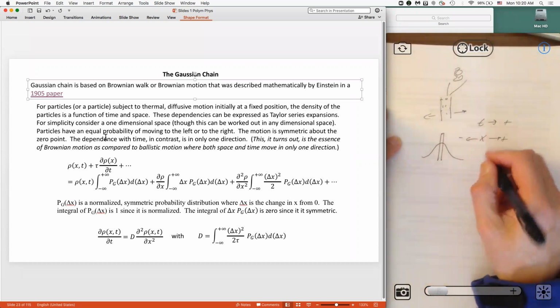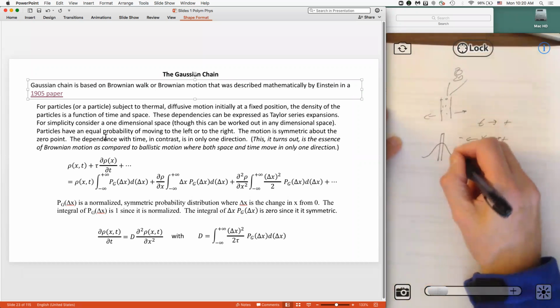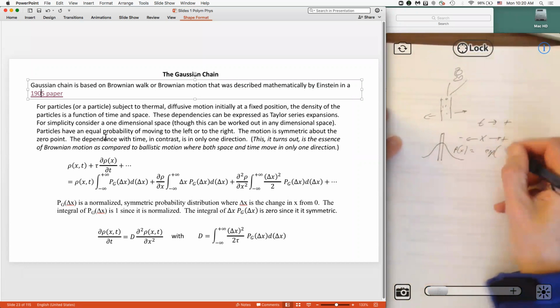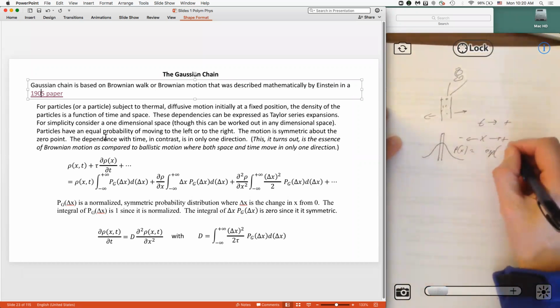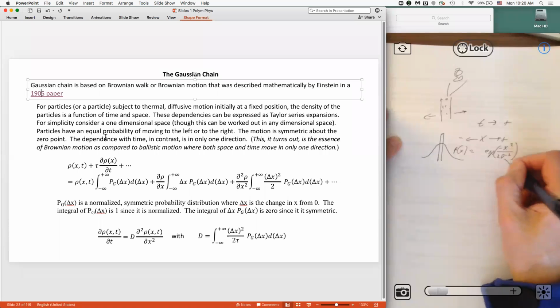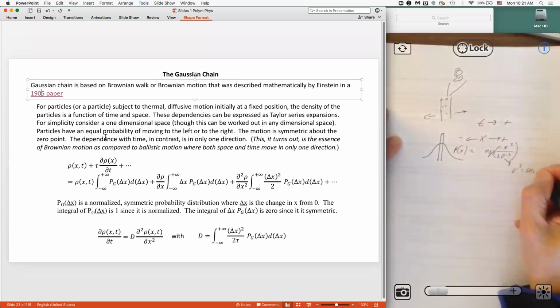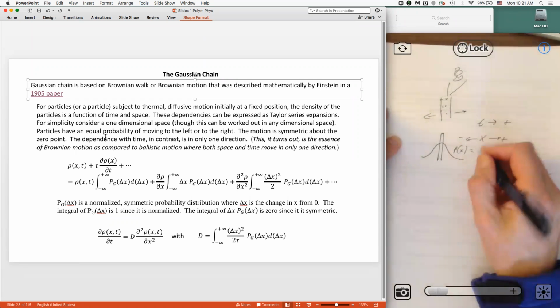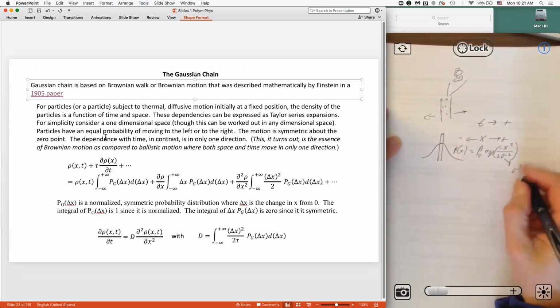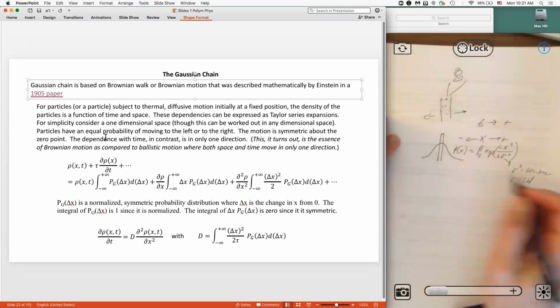Gaussian means that the distribution function, P of X, is going to be exponential. Because plus and minus are equal, it has to be X squared, divided by 2 sigma squared. Sigma squared is the variance for a Gaussian distribution, sigma is the standard deviation, and there's some number in the front.